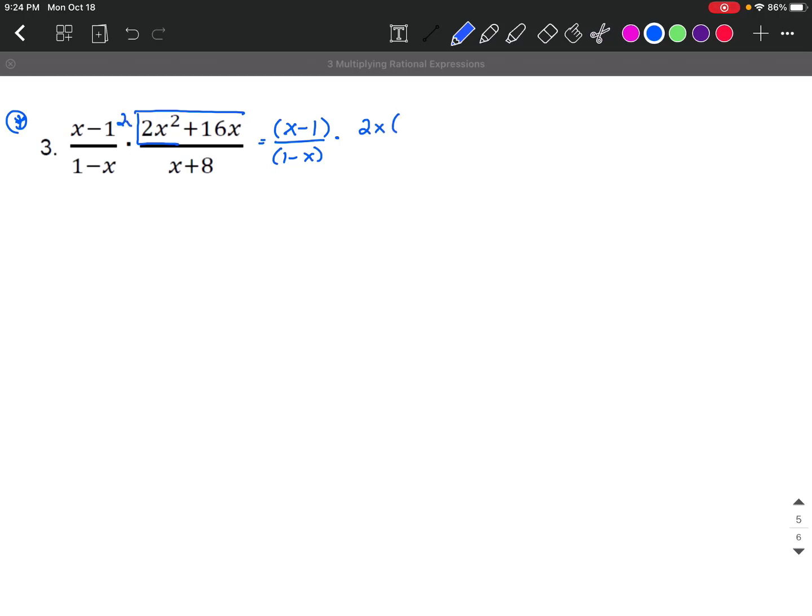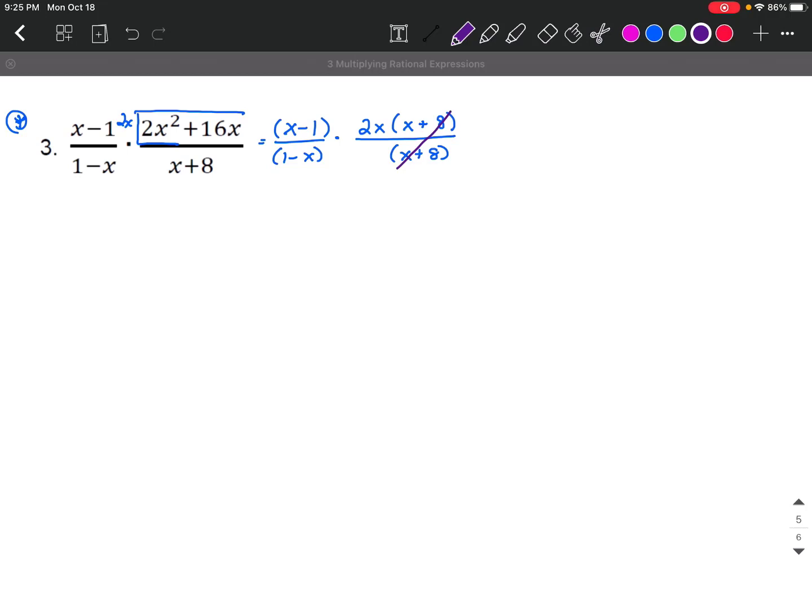So we're going to take out a 2x. 2x squared divided by 2x is x. 16 divided by 2 is 8, and the x's will divide out. In the bottom, we have that x plus 8. Notice, and some of you might see it right here, that these x plus 8's cancel out. That's okay if you see it there, and you want to cancel it out before we multiply across, because as long as they're right on top of each other, that's fine.